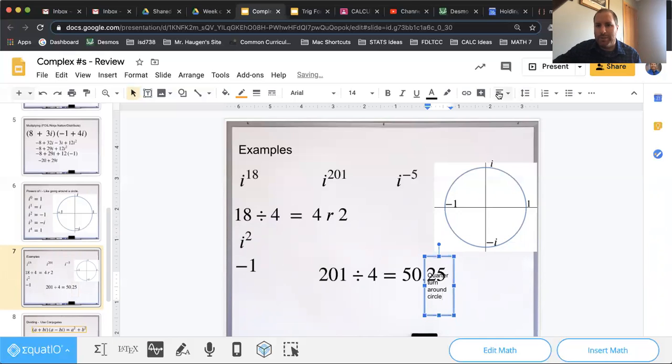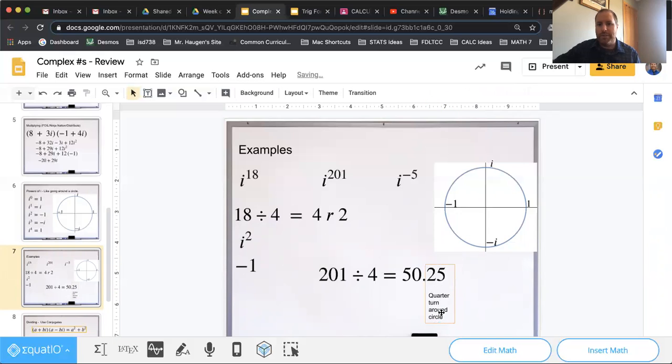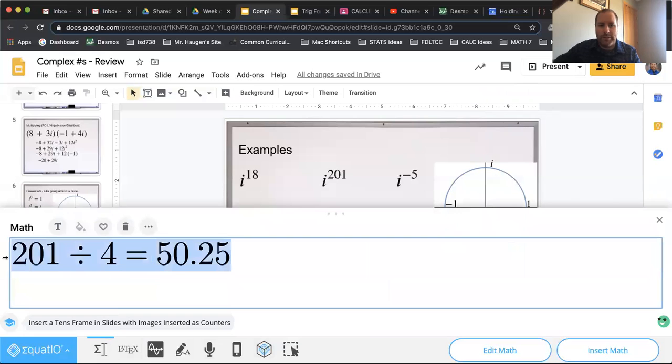That 0.25 gives us a quarter turn, which means we're going to end back up at i. So i to the 201 is in fact just i.